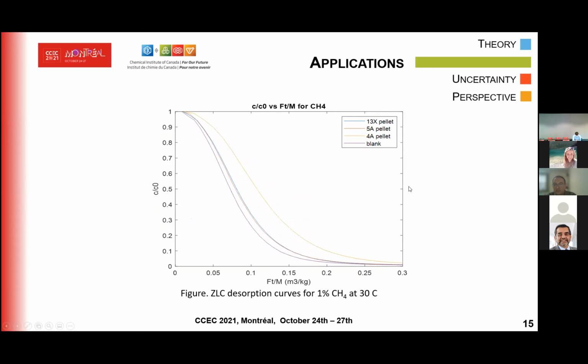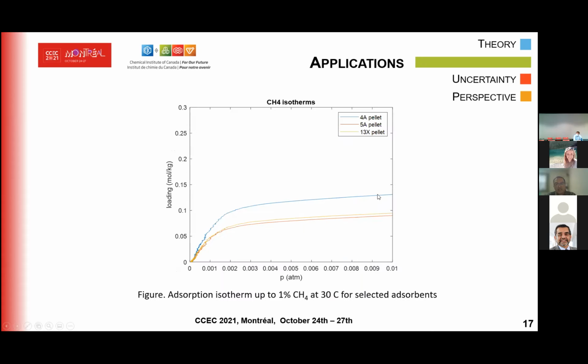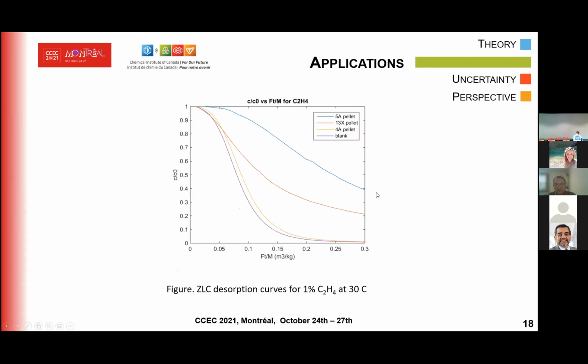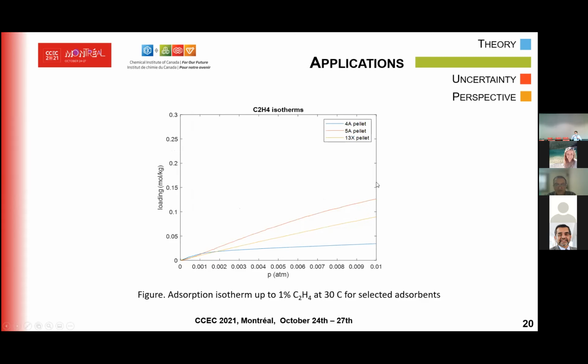You can go to another gas, for example methane, and do the same thing, and you see that for the same adsorbents, the ranking is different. Also, the isotherms look different. Another one, for example olefin, again, the rankings are different, and they have different isotherms.